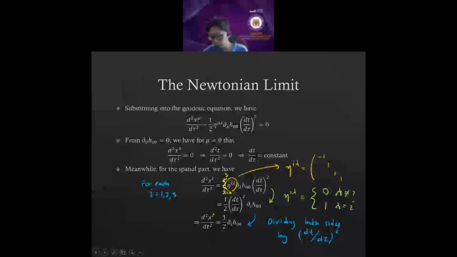So the effect on the left hand side is that we are going to turn this second derivative of xi with respect to tau into the second derivative of xi with respect to time. And okay, so at this point you can start comparing this equation with the Newtonian equation.